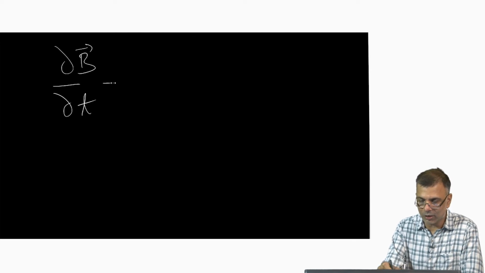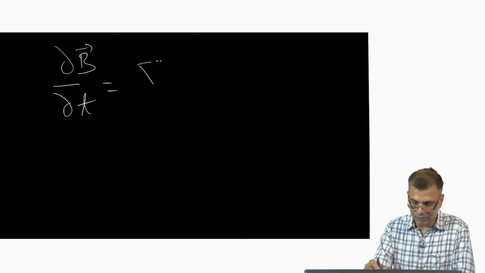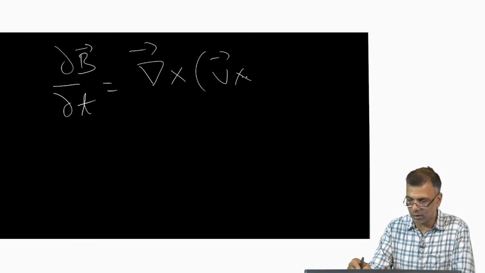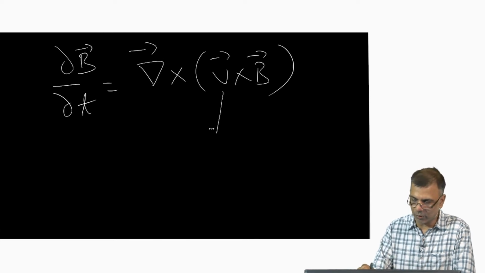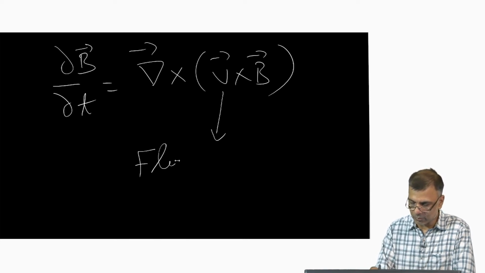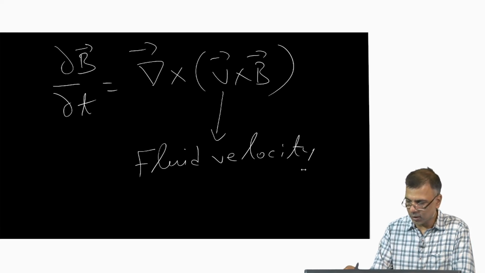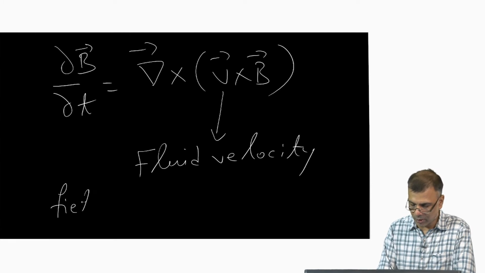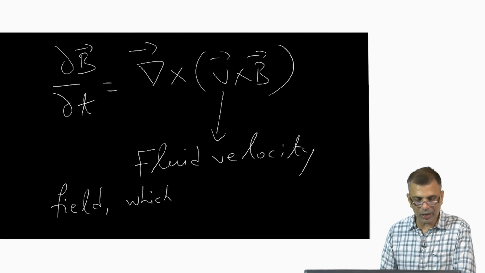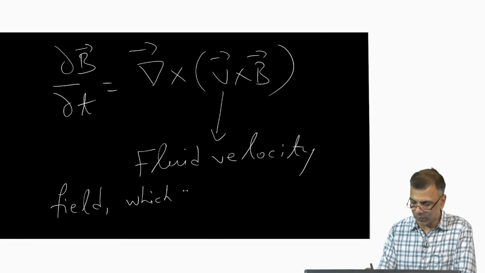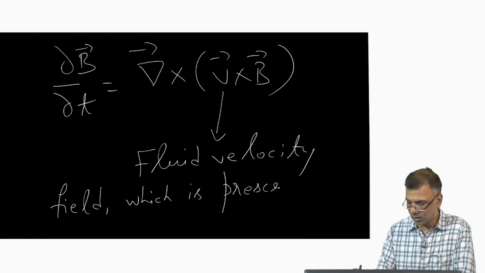The time rate of change of magnetic field is the curl of V cross B. So this would be the fluid velocity field, which is prescribed, and I will write this down, but I will explain what I mean by this word, prescribed.